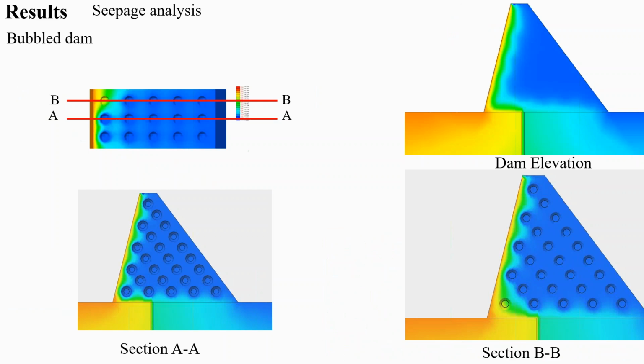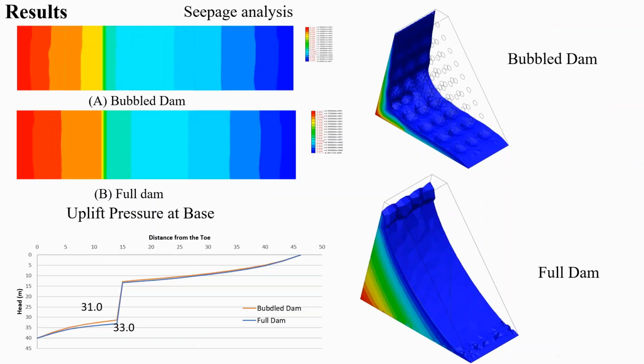Seepage results show high efficiency for the bubble in collecting leakage water, as shown in section A at the center line of the dam, and section B-B at the outer bubble center line. In comparing the results of the full dam and the bubble dam, it is clear that the phreatic surface shows significant change.